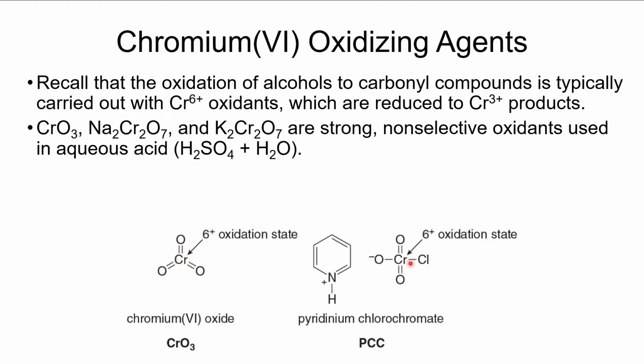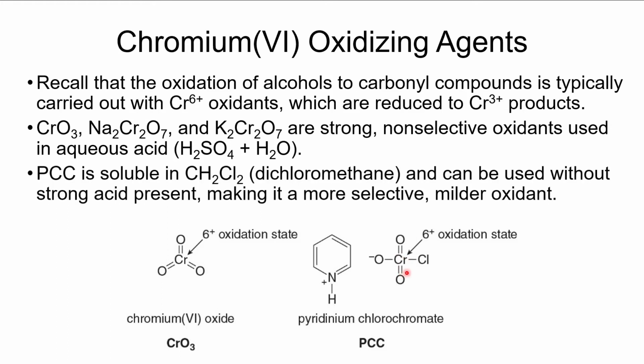Here we've got another one that's called pyridinium chlorochromate. The pyridinium chlorochromate is a milder oxidizing agent. It is a +6 oxidation state, but you'll notice it has 5 bonds going to oxygen and 1 bond going to chlorine. Well, that 1 chlorine makes this a less potent oxidizing agent, and so it doesn't oxidize other things as easily as the chromium 6 oxide.